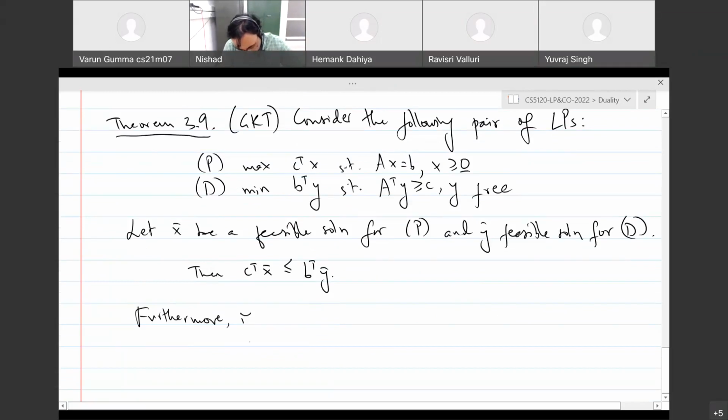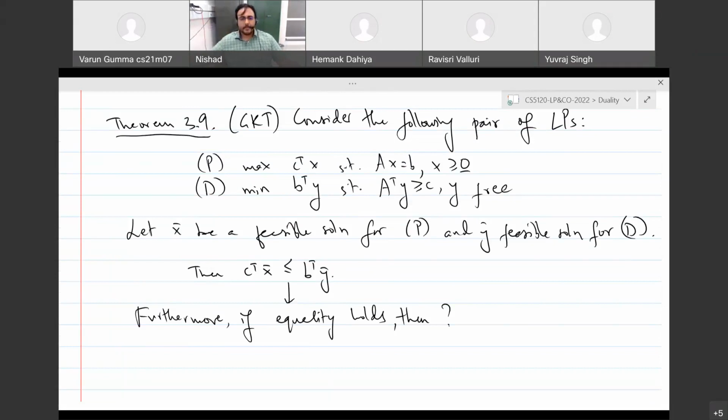If equality holds in this case, then I would like someone to fill in the blank here. B transpose y bar will be optimal.